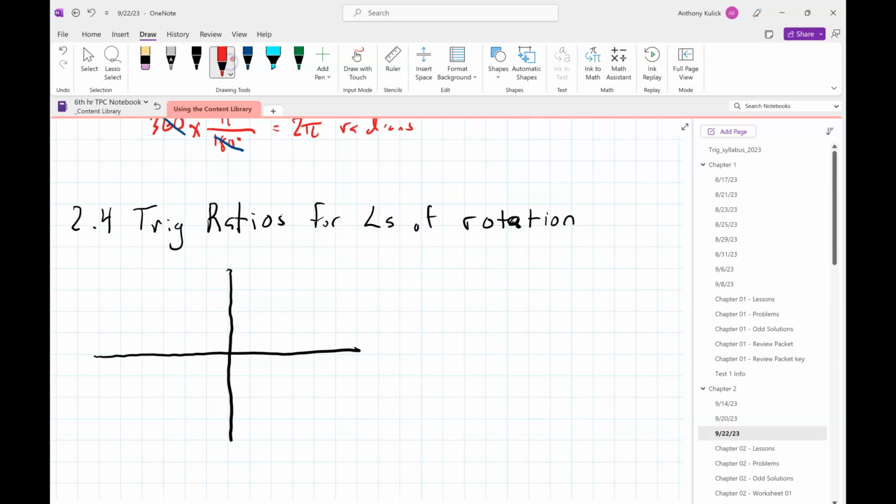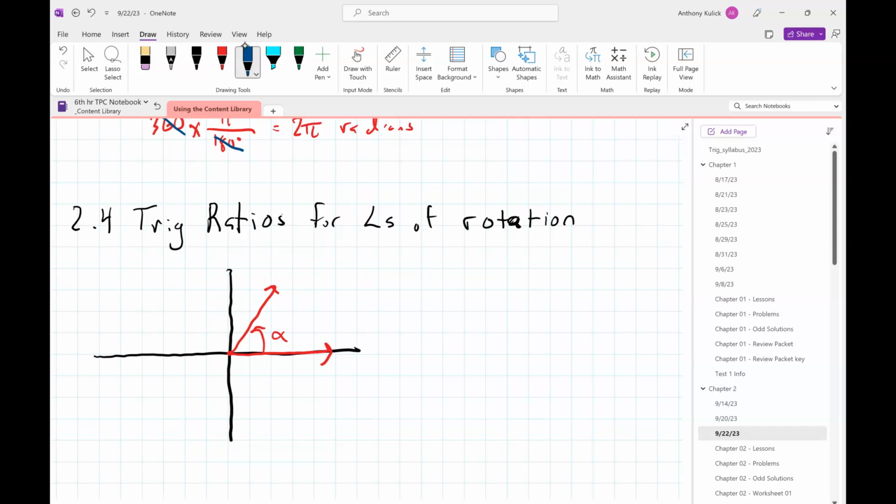So let's say that we have just some standard position angle. You can call it alpha there. That little fish is the Greek letter alpha. Remember, we had mentioned that oftentimes in trigonometry we name variables that represent angles with our Greek letters and variables that represent side lengths with our Roman letters. Roman letters are just like A, B, C, D, like our normal alphabet.